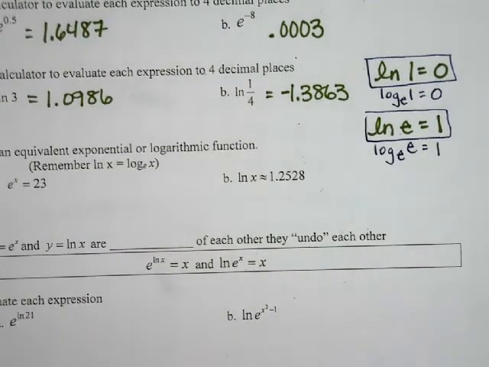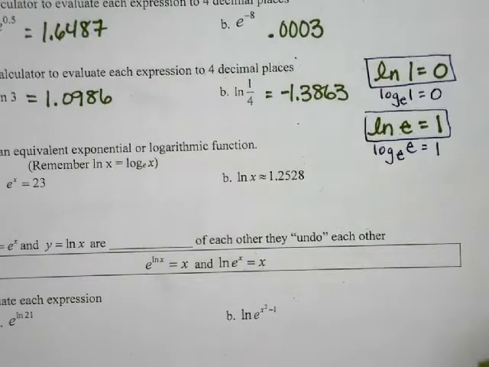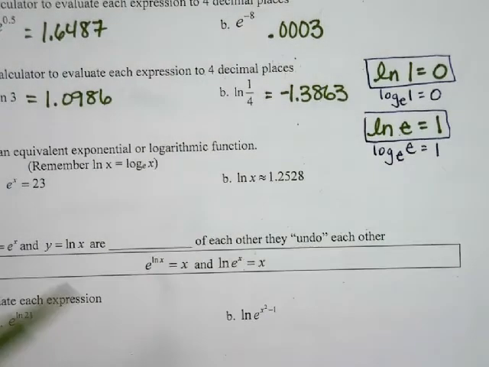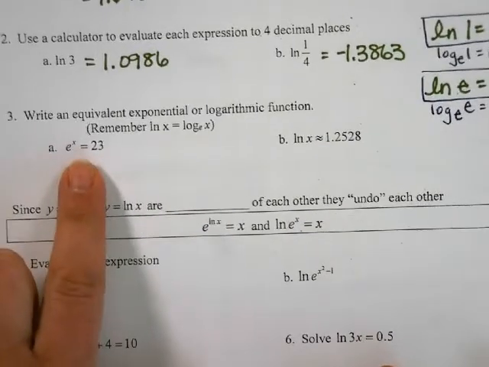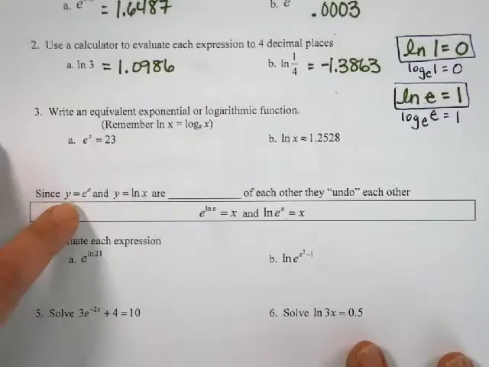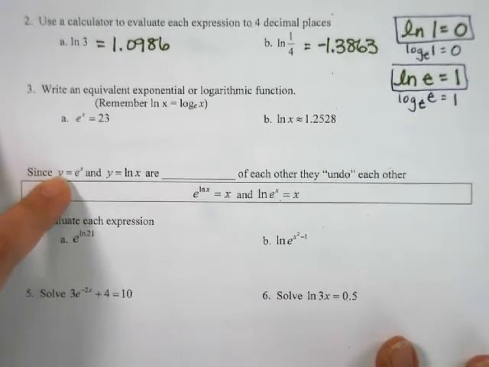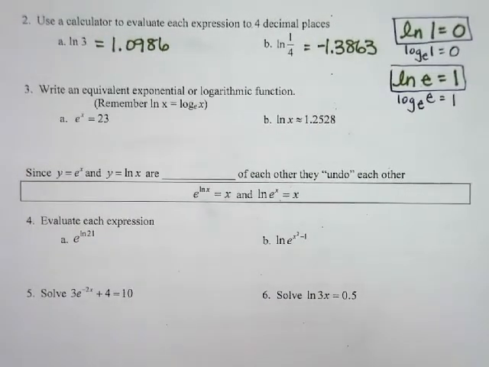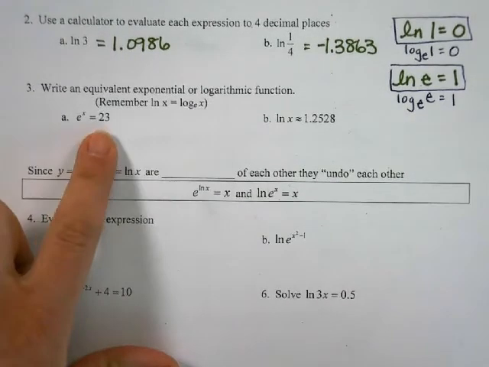Well, if a natural log is just a logarithm, then we can translate or rotate between exponential form and logarithmic form with them. Okay, so this guy right here in number 3 says, write an equivalent exponential or logarithmic function and remember that natural log of x is log base e of x. Okay, so e to the x equals 23.